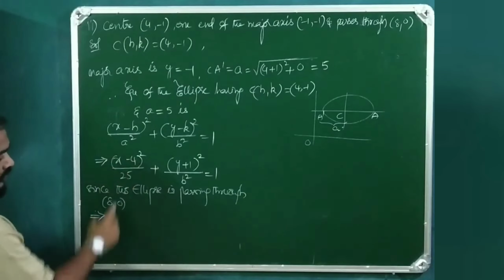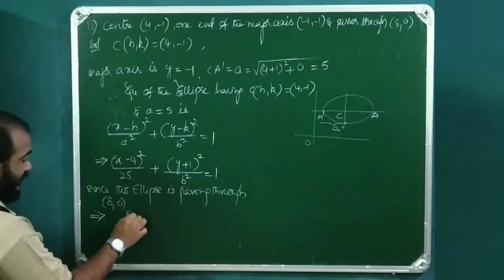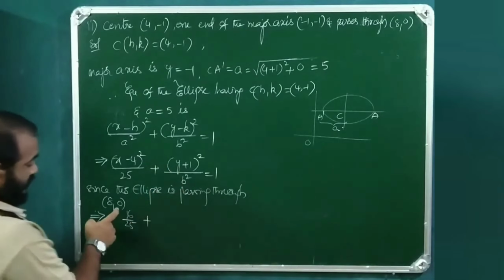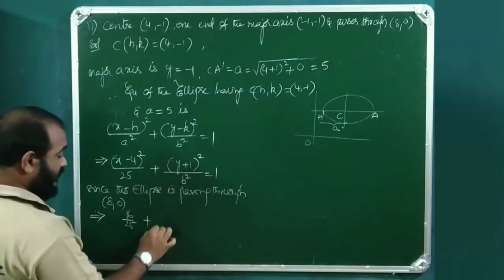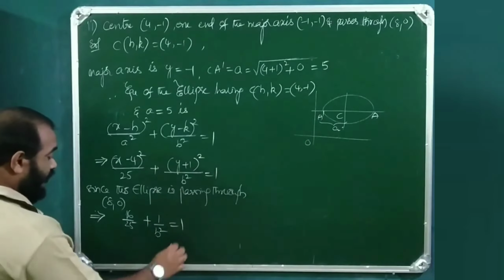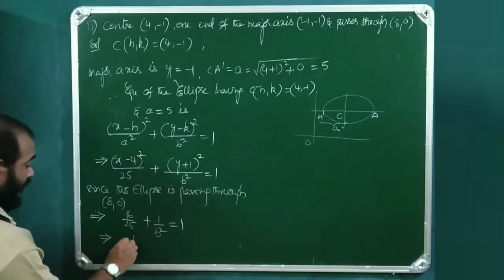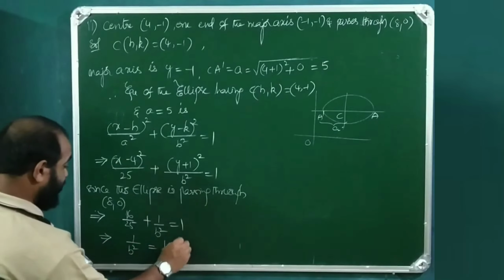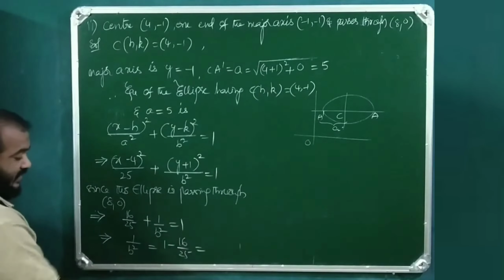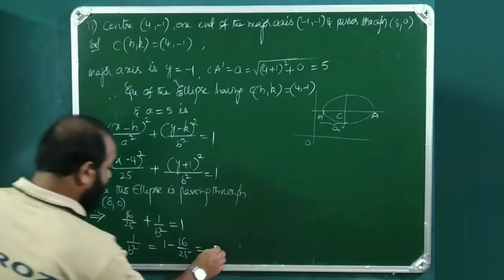So (8 minus 4) whole square, 16 by 25, plus the y value is 0, (0 plus 1) whole square is 1 by b square equals 1. From this, 1 by b square is equal to 1 minus 16 by 25. 25 ones are 25 minus 16, which is equal to 9 by 25.